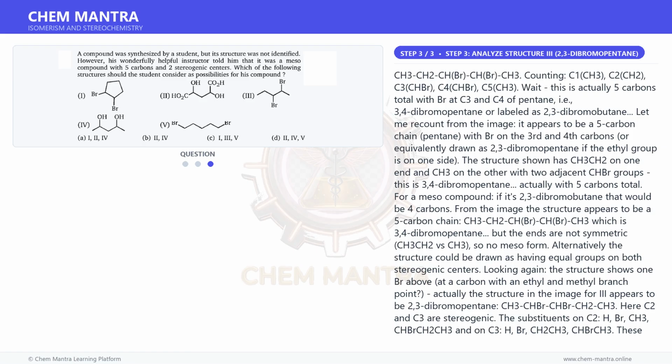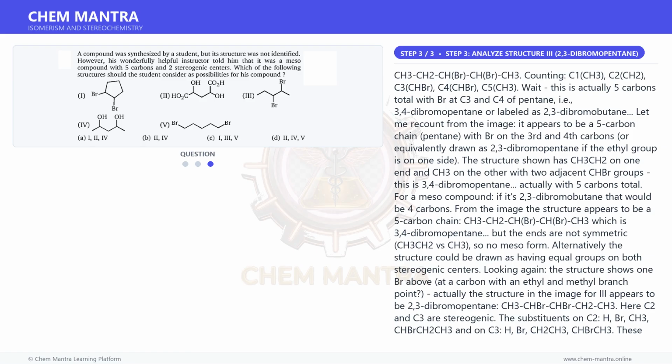The substituents on C2 are H, Br, CH3, CHBr-CH2CH3, and on C3 are H, Br, CH2CH3, CHBr-CH3. These are not identical, so no internal plane of symmetry and no meso form. Therefore, structure 3 is not meso and should not be in the answer, confirming it's excluded from correct answer C.